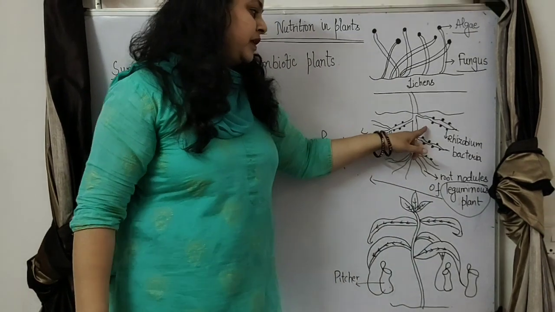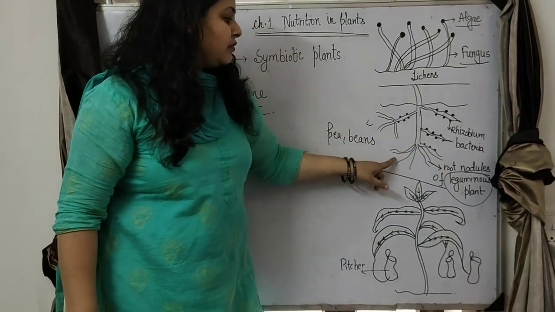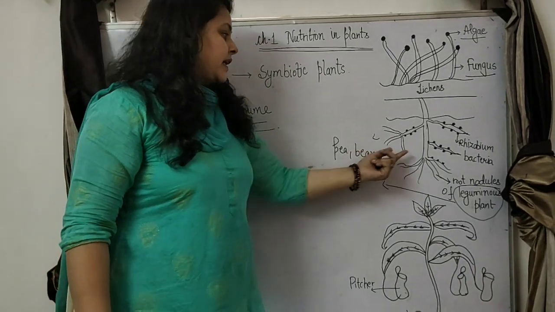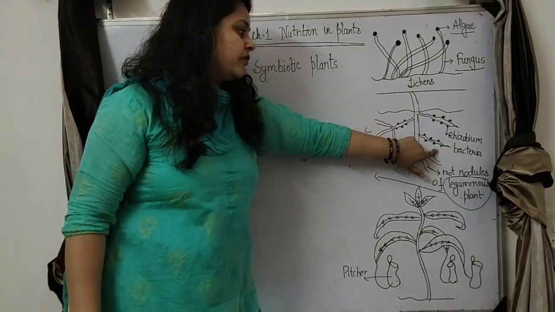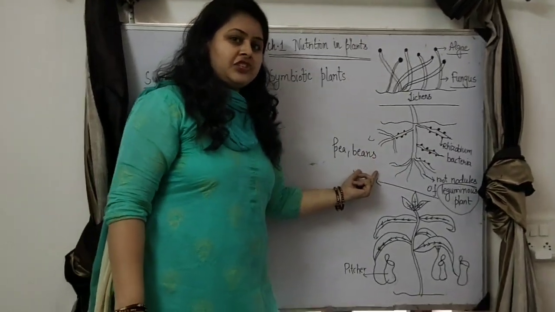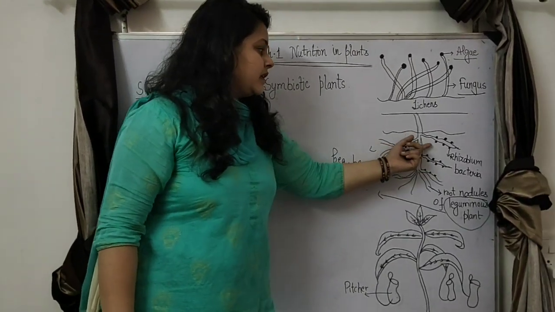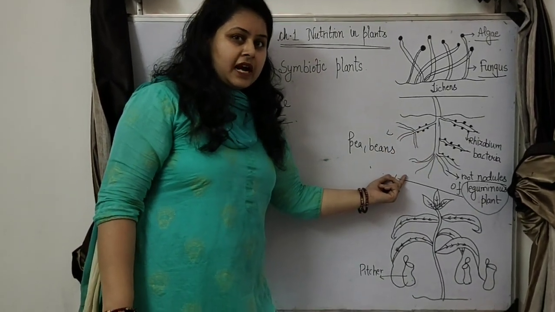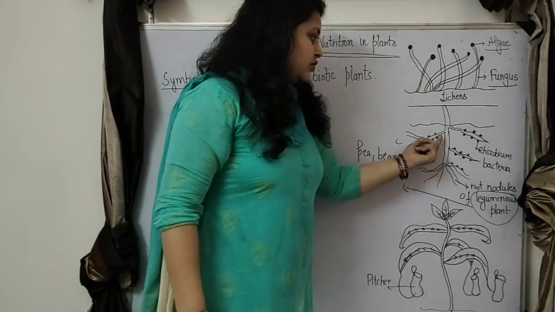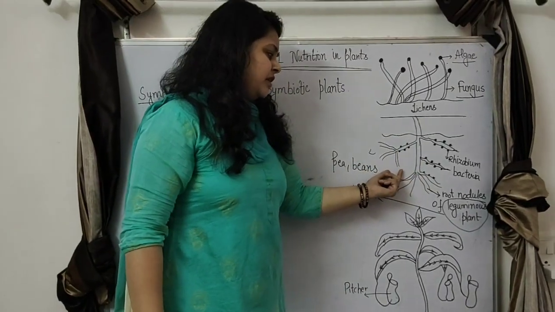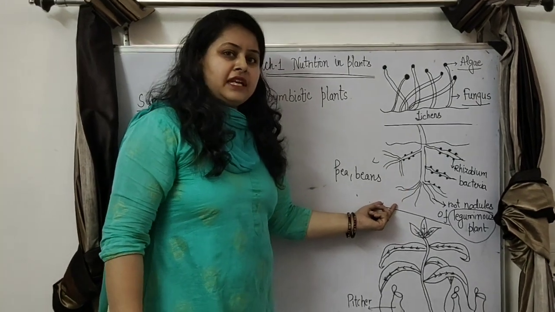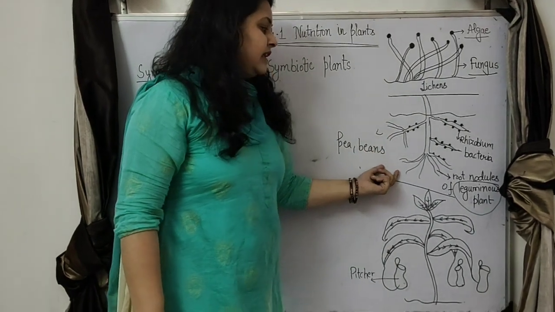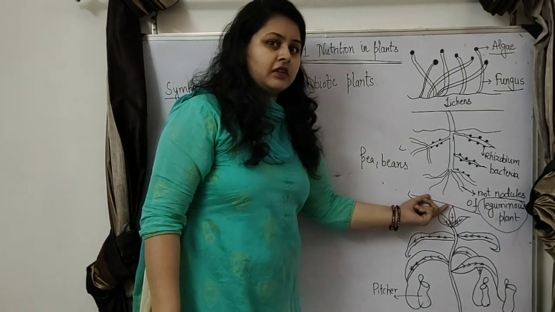Here, the rhizobium bacteria lives in the root nodules of leguminous plants, and this bacteria is capable of doing nitrogen fixation. That means this bacteria provides nitrogen to the leguminous plants that helps in their growth. Whereas leguminous plants provide what?